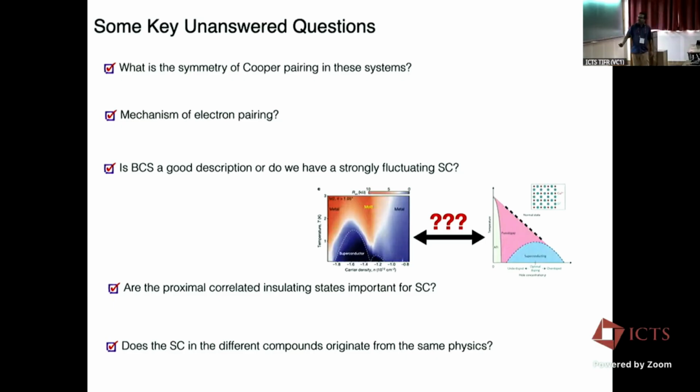And of course, weirdly, this phase diagram has some similarities, although many of the details are probably different. However, the question still remains: is BCS a good description, or do we have very strongly fluctuating superconductors where we would need to think of strong correlations as an intrinsic part of this?